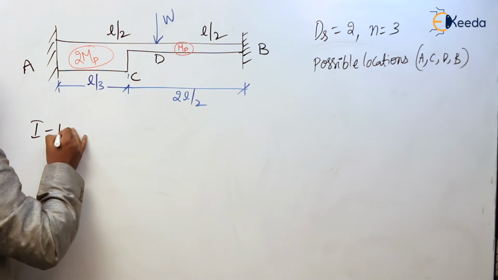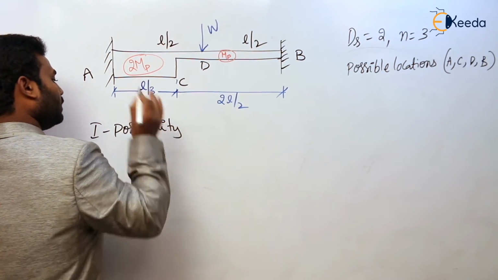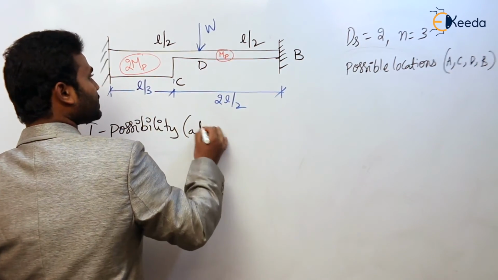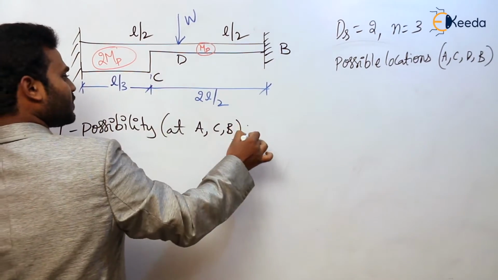First possibility is hinges at A, C, B. So I assume a hinge at C in this first case.